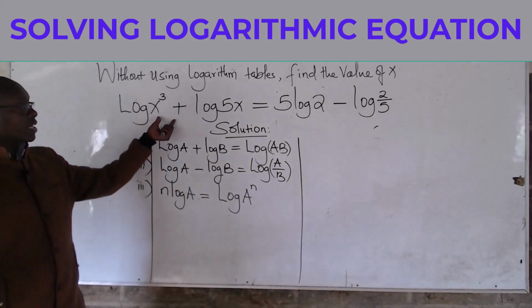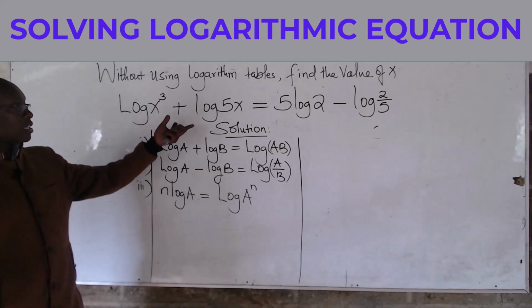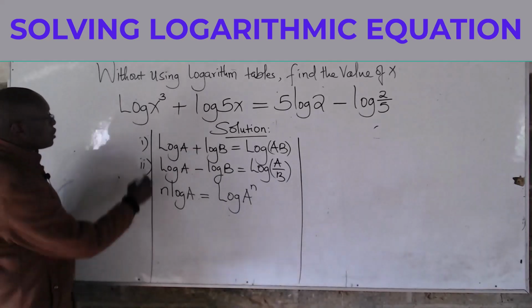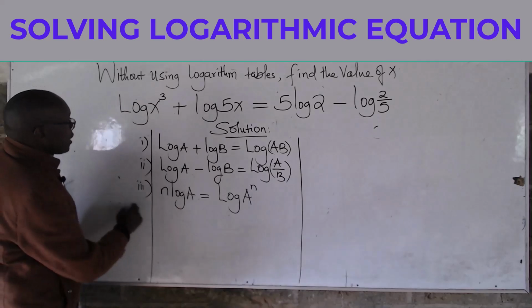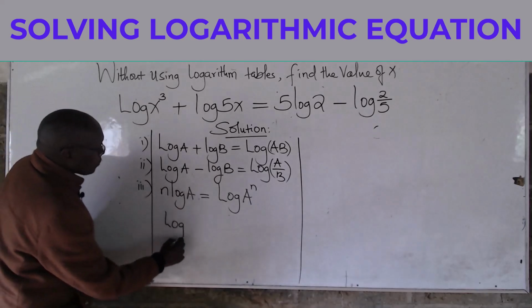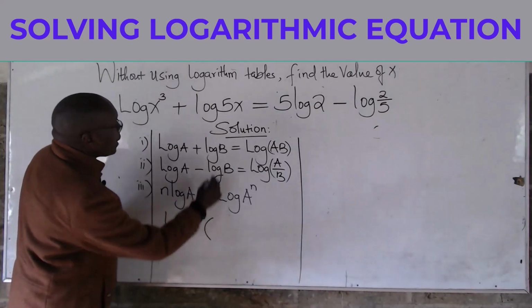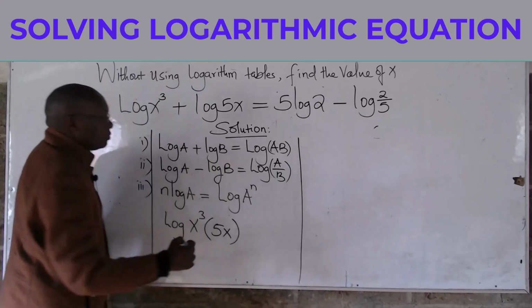Now let's go to the left-hand side of the equation. Logarithm of x cubed plus logarithm of 5x. We can simplify that using the first law, and this written as a singular logarithm will be logarithm of x cubed multiplied by 5x.